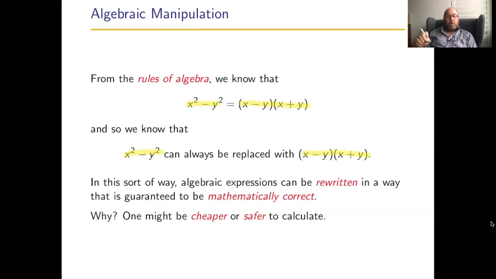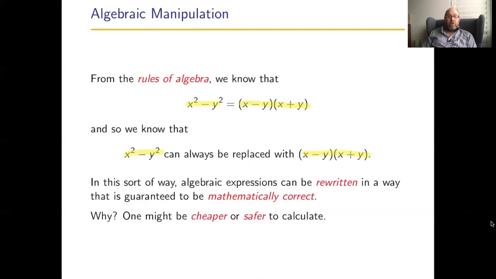So the computer then has the freedom to choose whether it wants to evaluate x squared minus y squared or x minus y times x plus y. In general, we have no idea which of those two might be easier to compute, but the point is that the algebraic rule shows us that it doesn't matter which one of those we do calculate.